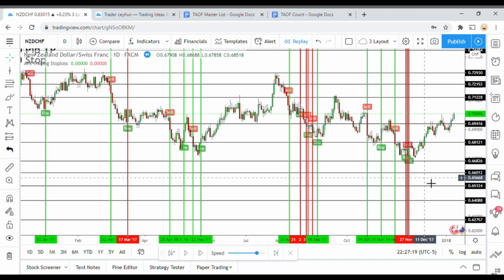So we have 19 signals all together. And we have 1, 2, 3, 4, 5, 6, 7, 8, 9, 10, and 11. So unfortunately, that barely misses the 60% criteria that we were looking for.